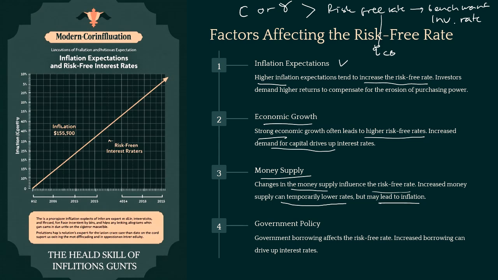Government policy is the last one. Government borrowing will affect the risk-free rate, because increasing borrowing can also drive up the interest rate. I need you to read more about these things on your own, and let's discuss it next week.